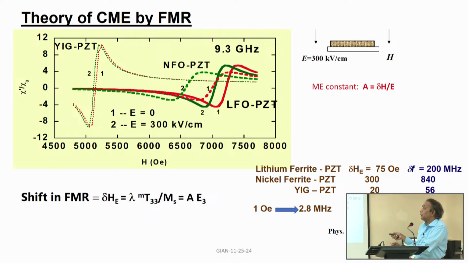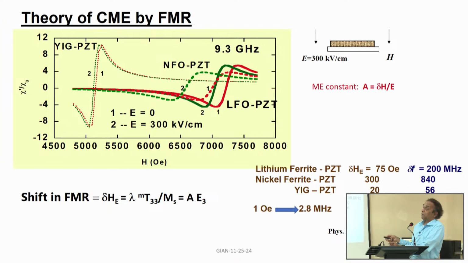For the second one, it's nickel ferrite PZT, the shift is 300 Oersted. So the coefficient A would be 1 Oersted centimeter per kilovolt. YIG PZT is even much smaller. And this is when you do the field scan.